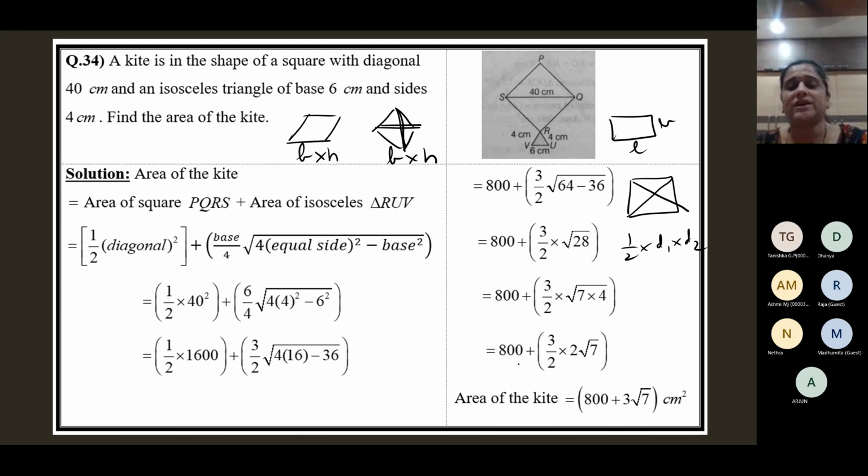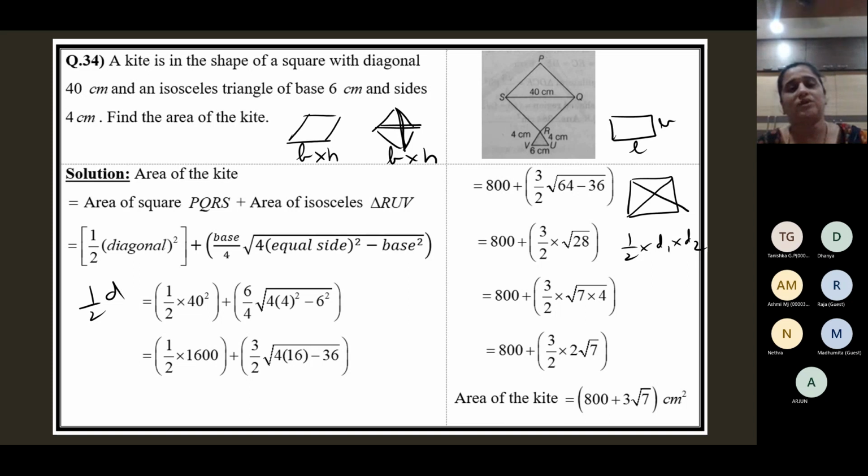So the formula to find the area of a square is the formula for a rhombus, half d1 d2. But since d1 and d2 are the same, it is half d square, because there's nothing like d1 and d2. In a rhombus, diagonals are unequal, so we say d1, d2.